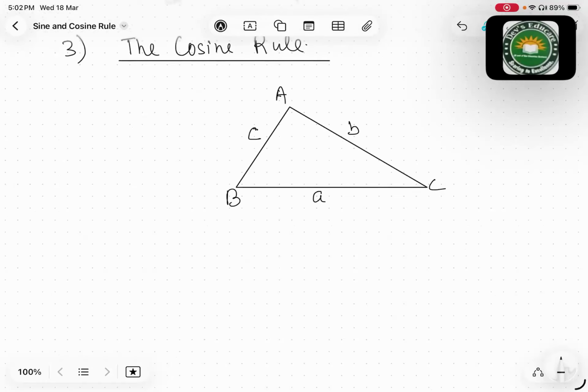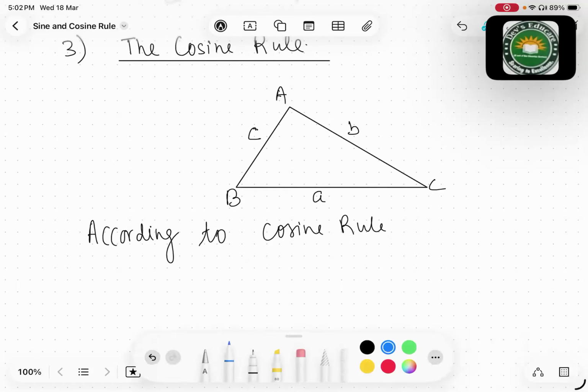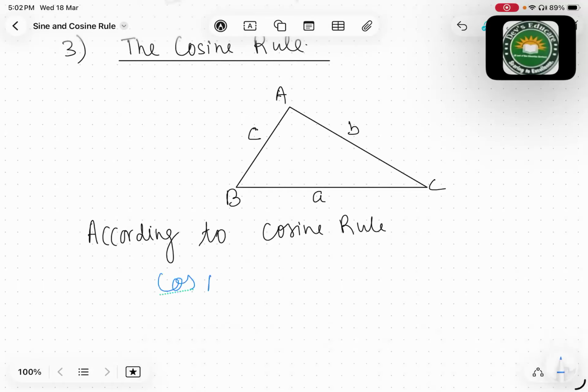So if we have to find angle A using the cosine rule, according to the cosine rule, cosine of angle A will be b squared plus c squared minus a squared over 2bc.